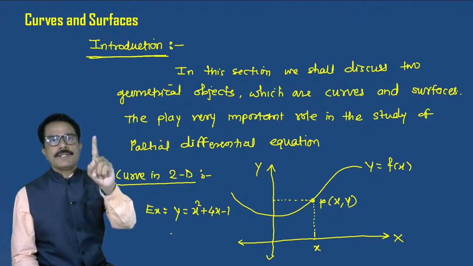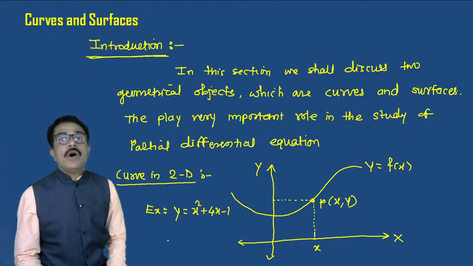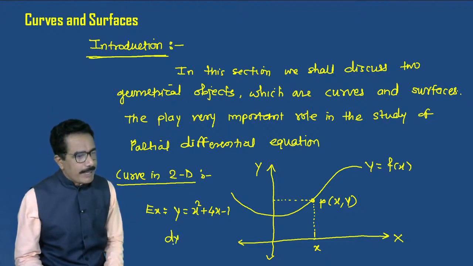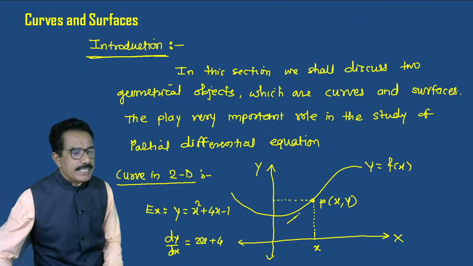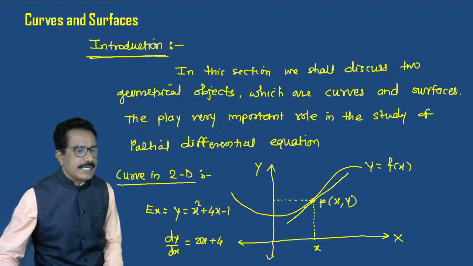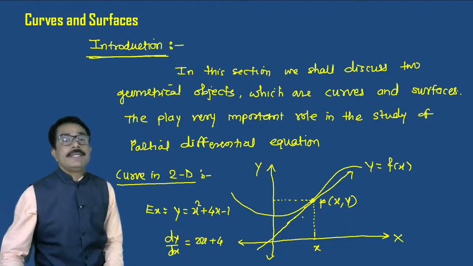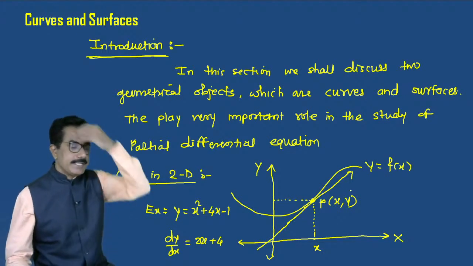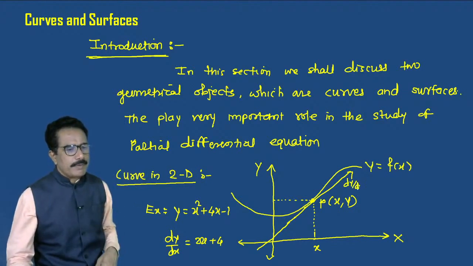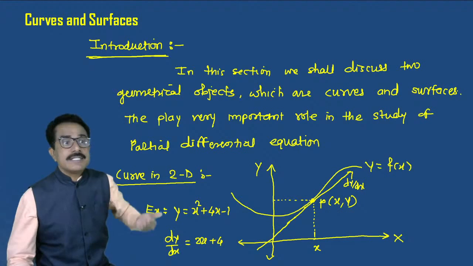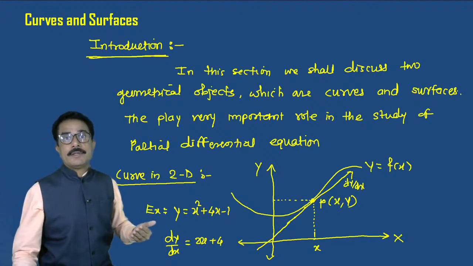That means dy by dx, which is equal to 2x plus 4, gives the slope of a tangent at a point P. So dy by dx means actually the slope. This is the concept of the ordinary derivative.